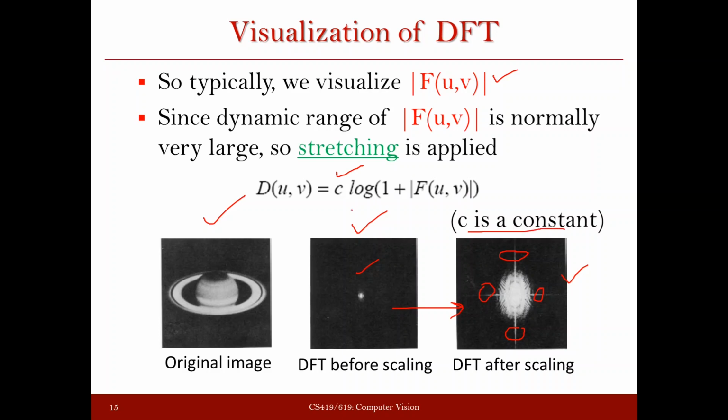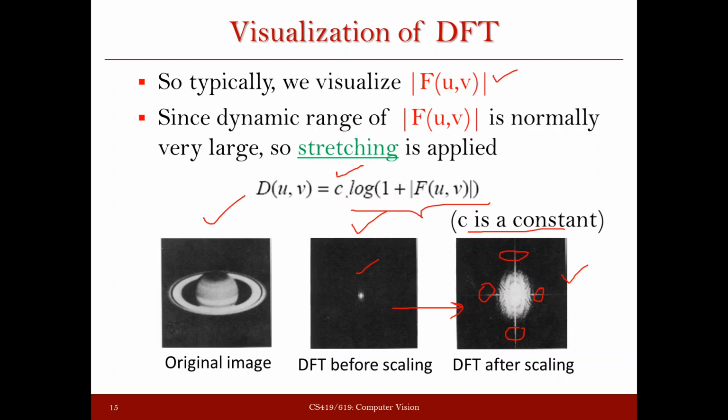Some stretching you get by taking the log, but if you want to scale your values further, you can choose a suitable C. Let's say C equal to 10 gives a kind of scaling, but changing C from 10 to 20 gives more scaling, more stretching, or more brightness.